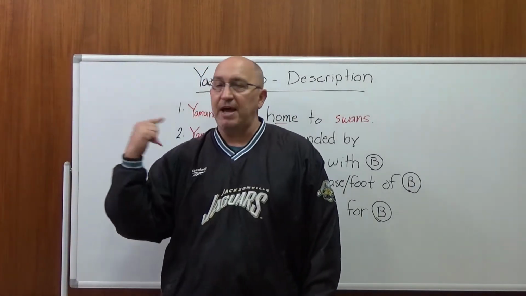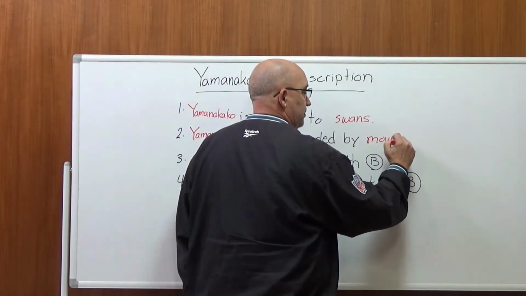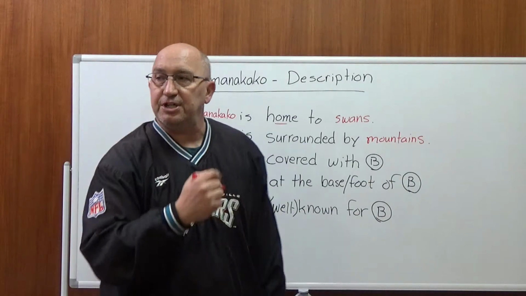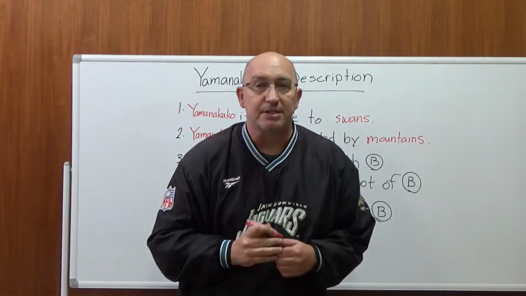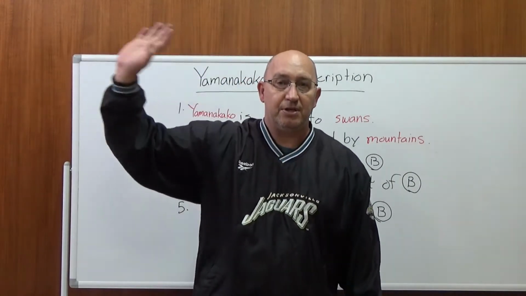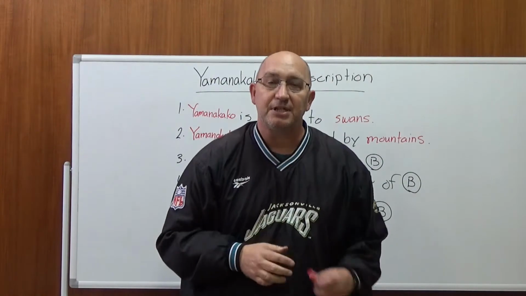Yamanakako is surrounded by, for example, Yamanakako is surrounded by mountains. Right? So whether it's north, east, south, west, it's surrounded by mountains.